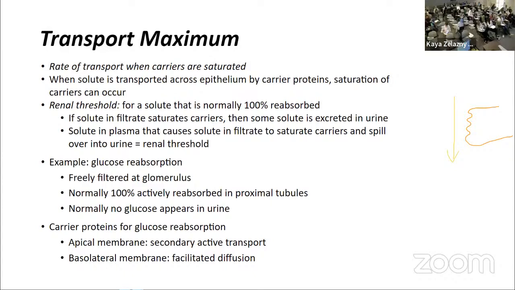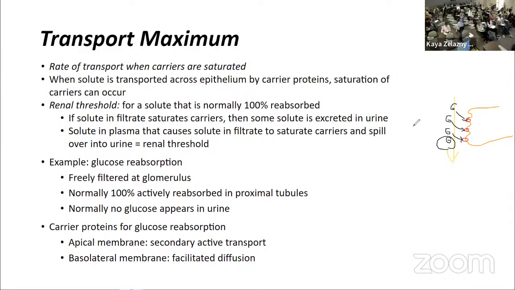Say we have 3 of these transporters. If we have 4 molecules of glucose flowing past, you've got 1 space here, 1 space there, 1 space there, but there's nowhere for this 4th glucose to go.